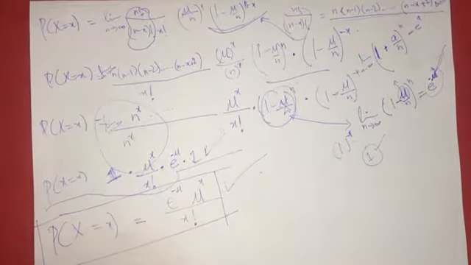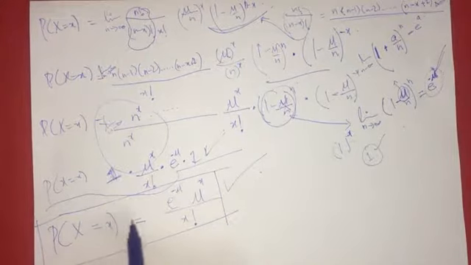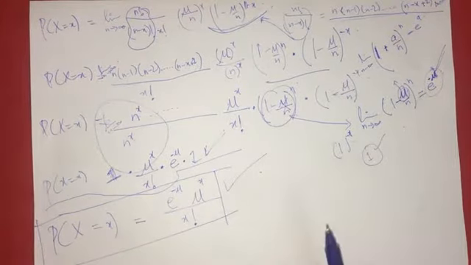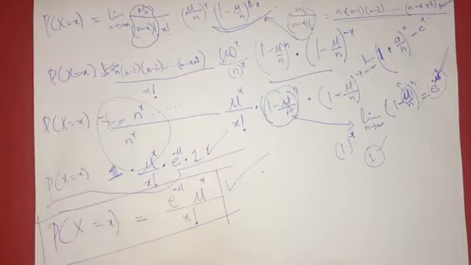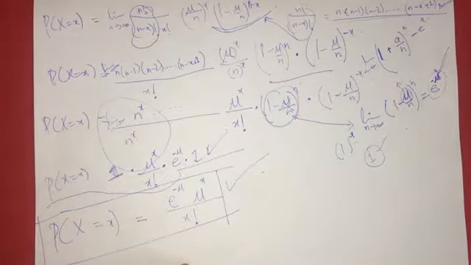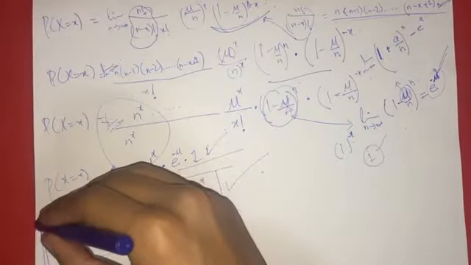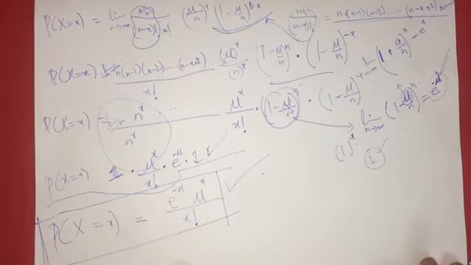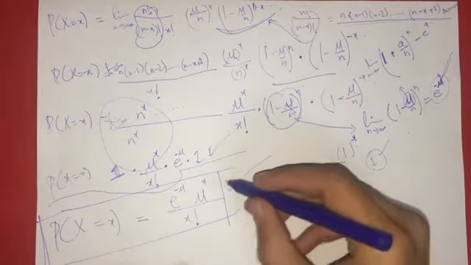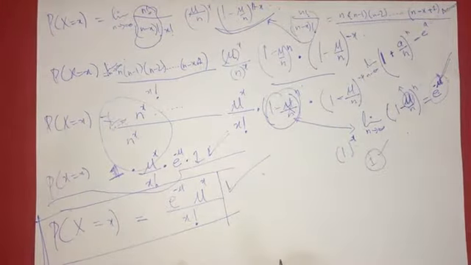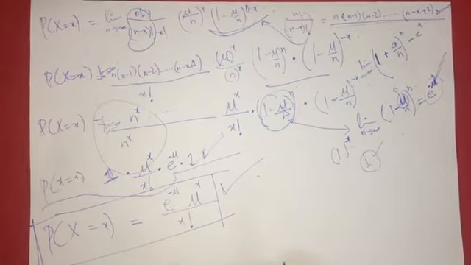And then you have P of X equals x, the probability of any random variable X equals the little x equals e to the power minus mu, mu to the power x, divided by x factorial. So finally we have gotten this formula. That is a very important formula for the Poisson distribution, and it's very interesting as well.